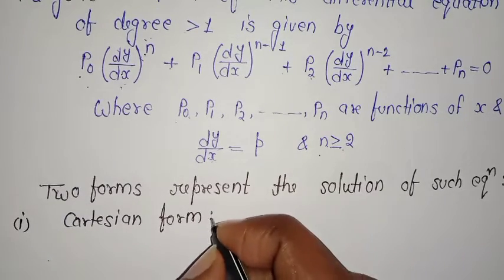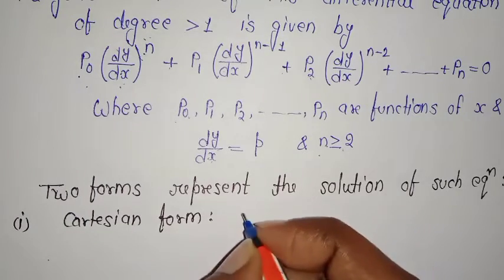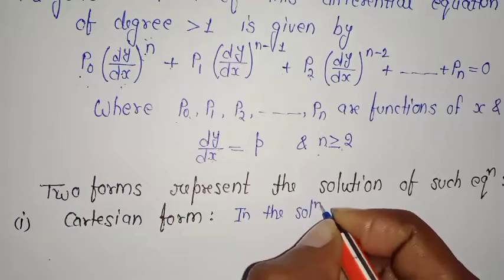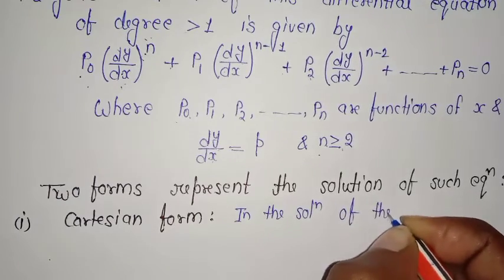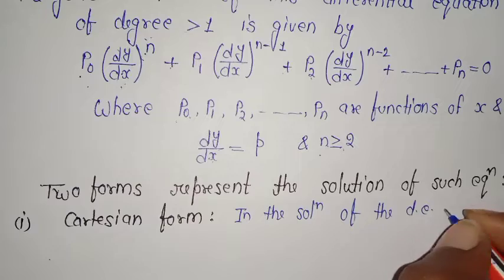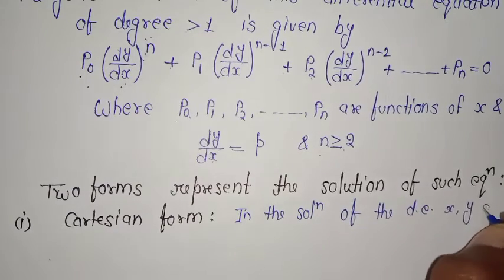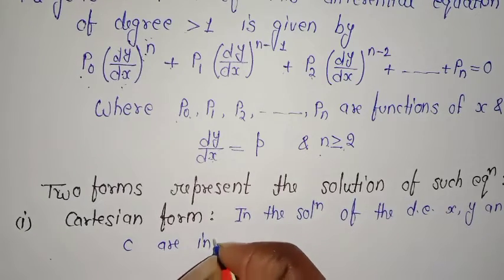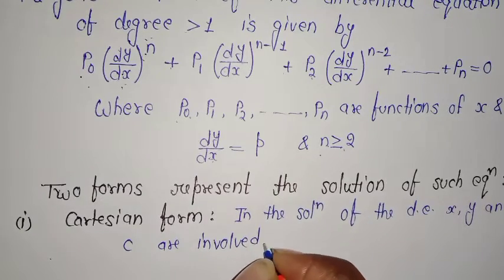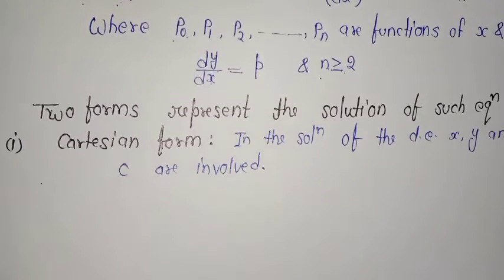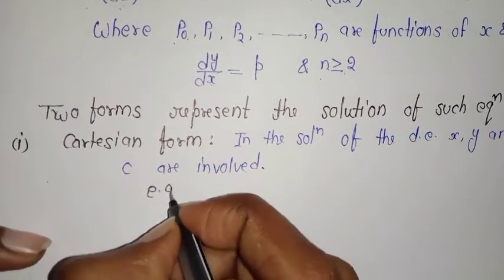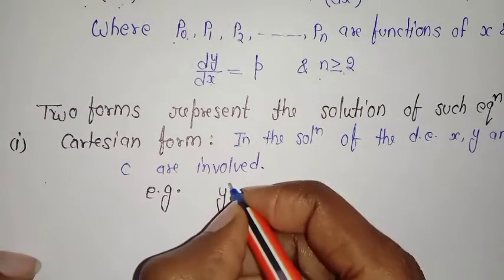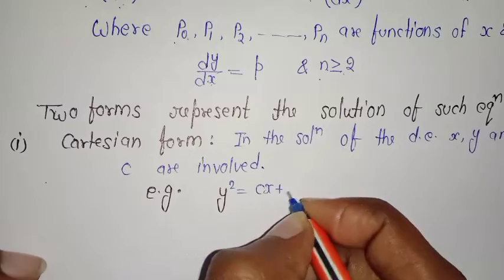So the Cartesian form says that in the solution of the differential equation, x, y and c are involved. For example, I can take y^2 = cx + c^2.